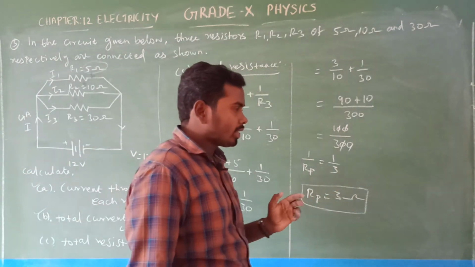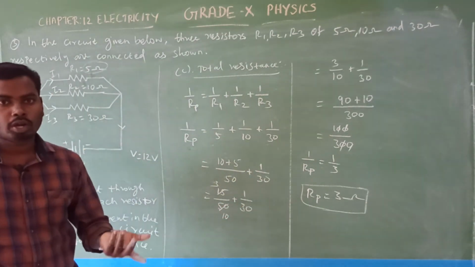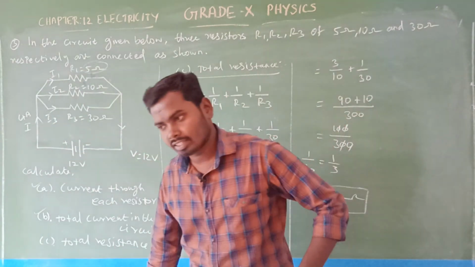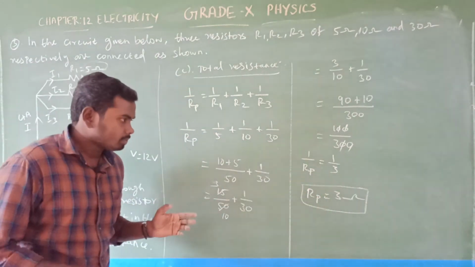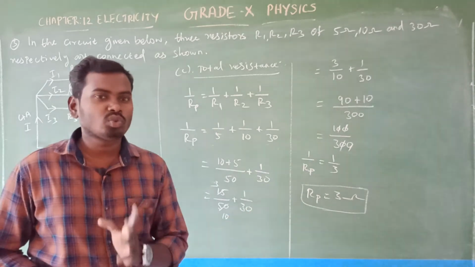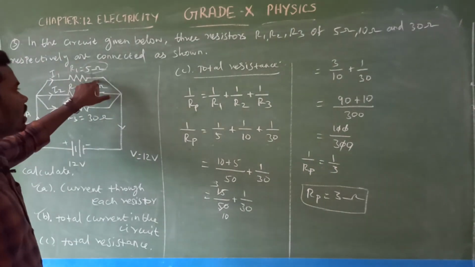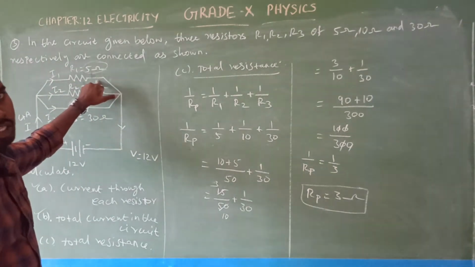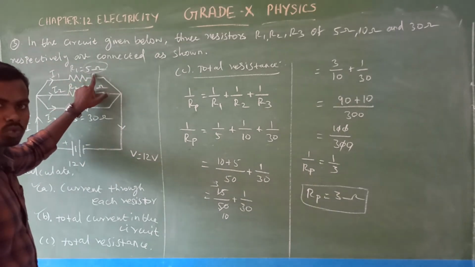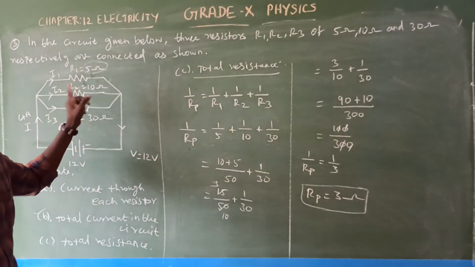Keep this concept always in mind, it is one of the tips to verify the answer. In parallel connection, the total resistance value is always lesser than the smallest individual resistance value. In this circuit, 5 ohm is the smallest individual resistance value, so the total resistance is lesser than that.